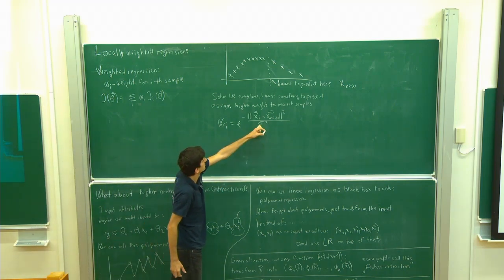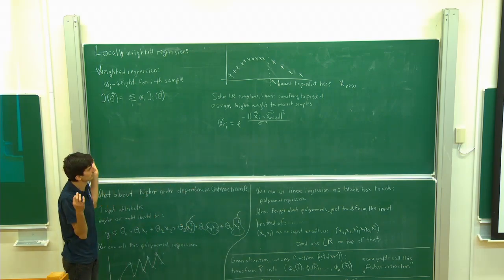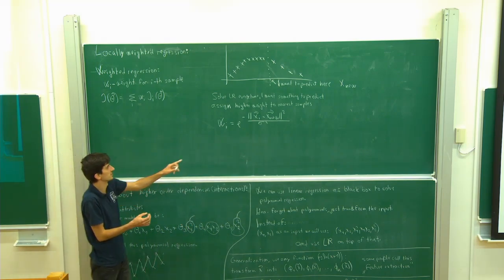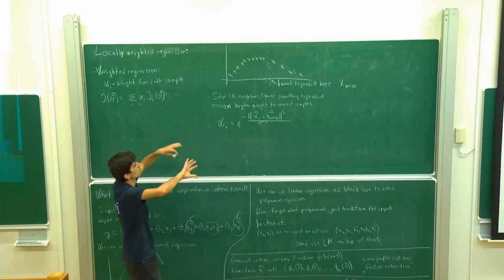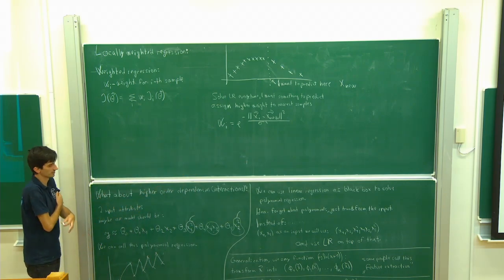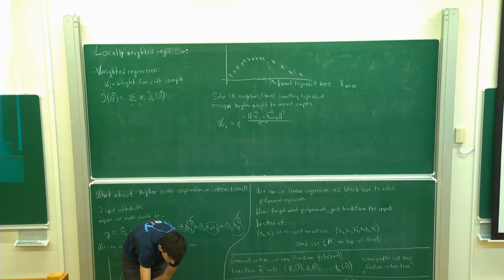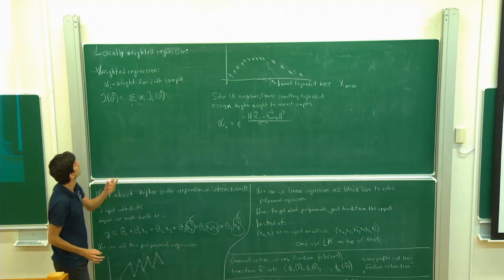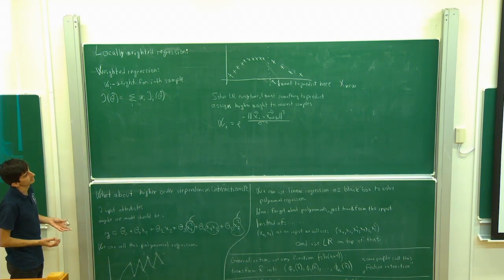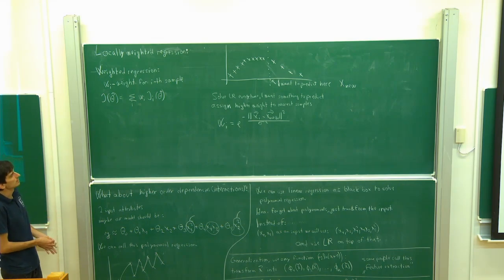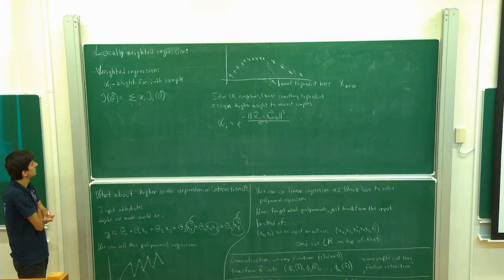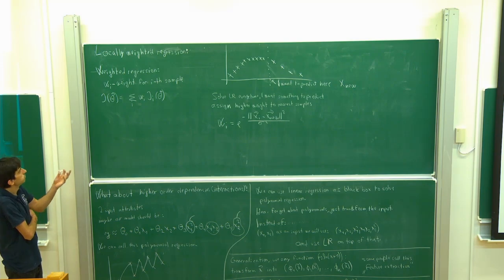If the sigma is small, you really give a lot of weight to the nearby samples. If the sigma is large, you give also some weight to the samples which are further back. And basically that is right. There is not much more that can be said about this. You assign weights to samples, solve linear regression, get one prediction, and move on to another sample, solve linear regression, and so on and so on.